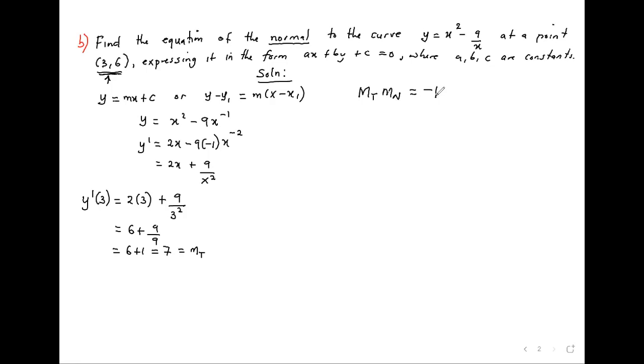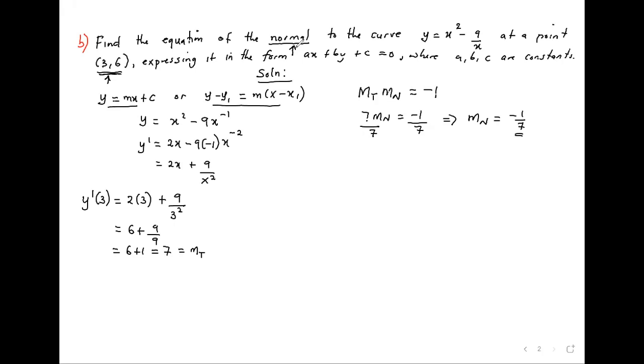Since we have a gradient of the tangent, which is 7, what is the gradient of the normal? We divide by 7. So you get the gradient of the normal is -1 over 7. This is the gradient that we take in the equation here, since we are looking for the normal line.